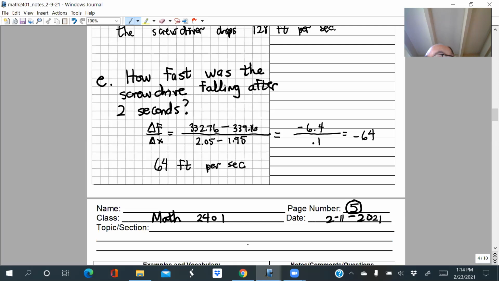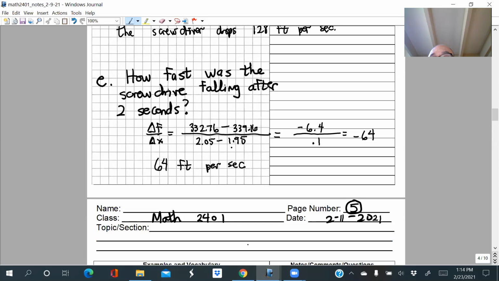What we've just calculated is now called an instantaneous rate of change, because we're asking how fast the screwdriver is falling at a particular instant, not from one time to a second time, but at one particular time. But notice we calculated that instantaneous rate of change by using an average rate of change. But an average rate of change for what sort of curve?